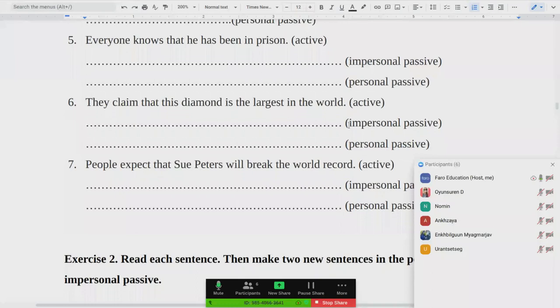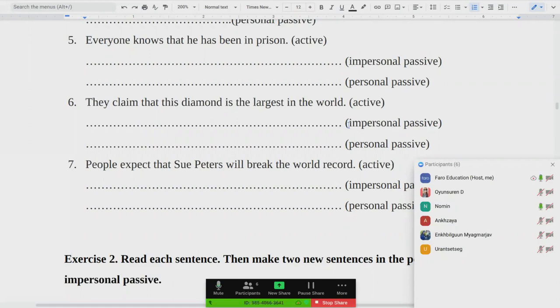Number 6. They claim that this diamond is the largest in the world. Impersonal: it is claimed that this diamond is the largest in the world.